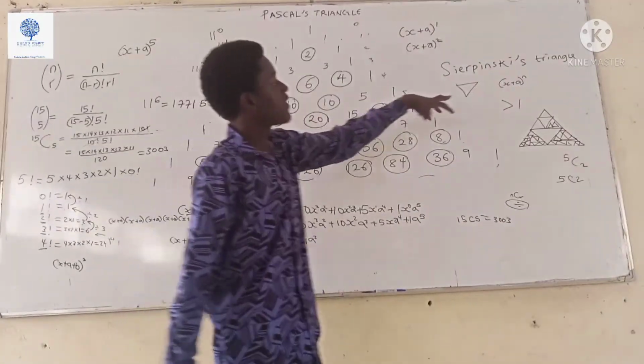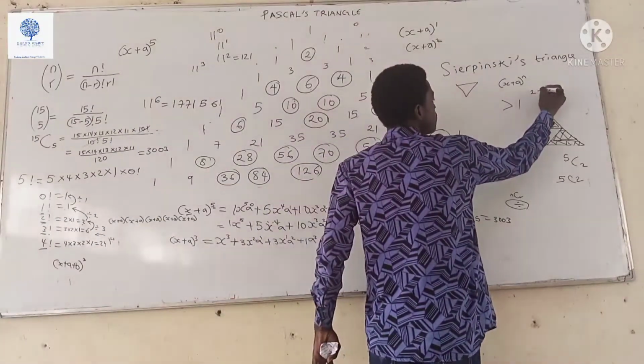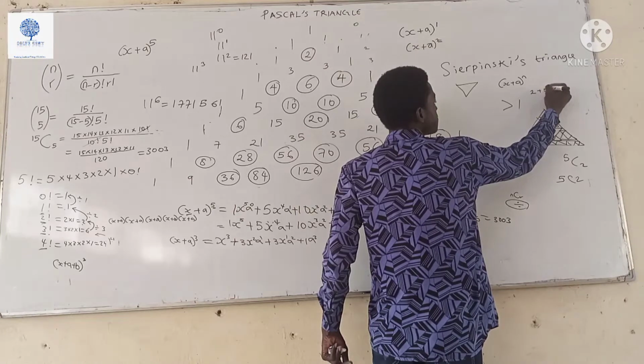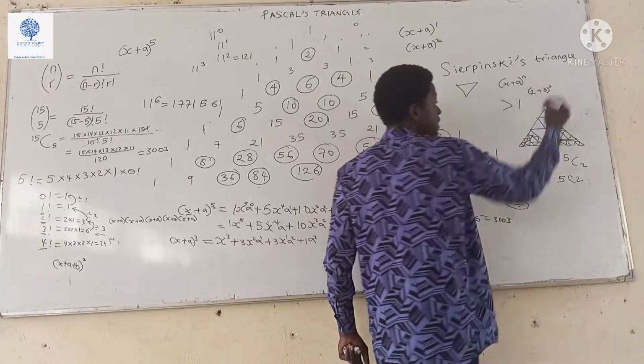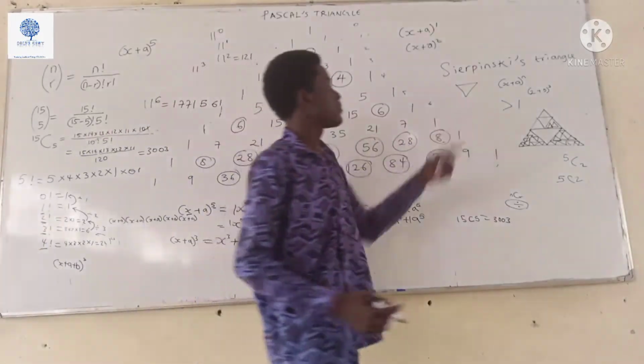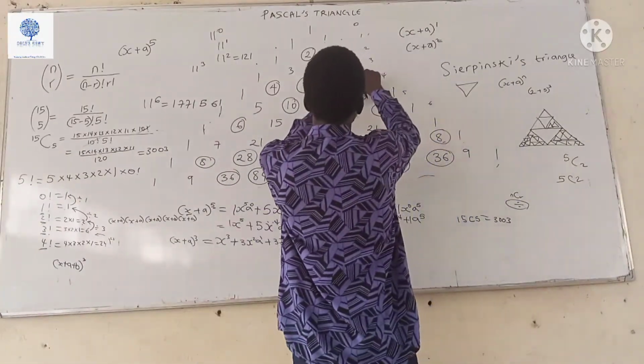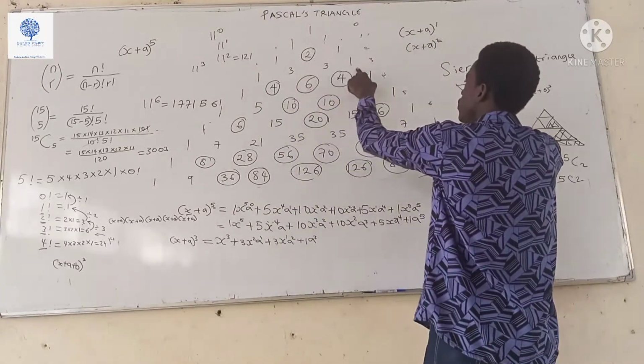So when you have x plus a, mind you, you might have 2 plus 5 to the power of, let's say, 3. Now let's see if we can use Pascal's triangle to do this. 2 plus 5 to the power of 3. First of all, we go back to our third row. Our third row is 1, 3, 3, 1.